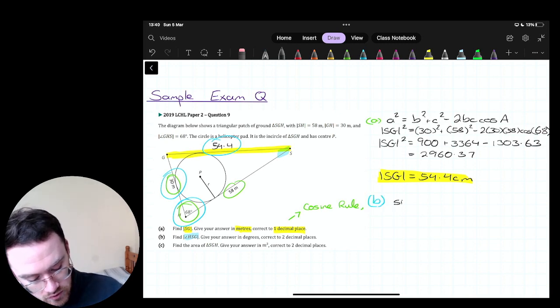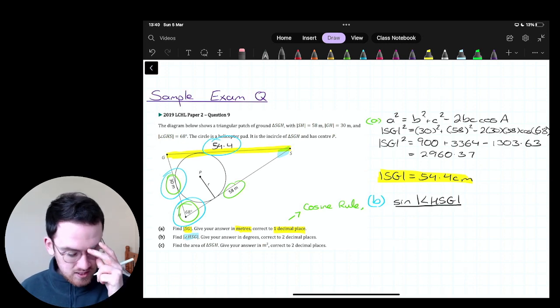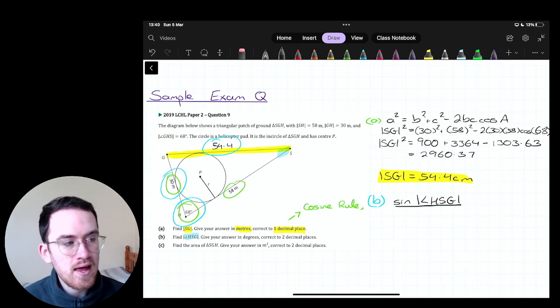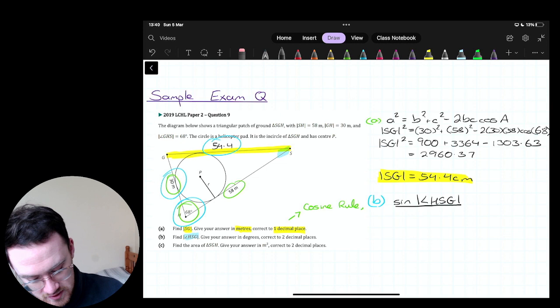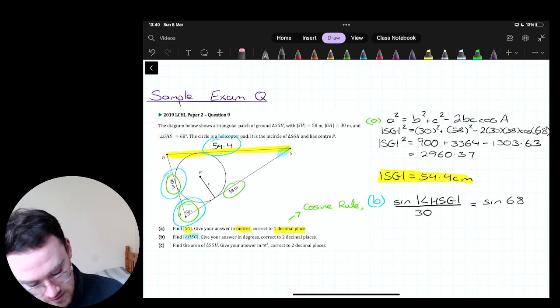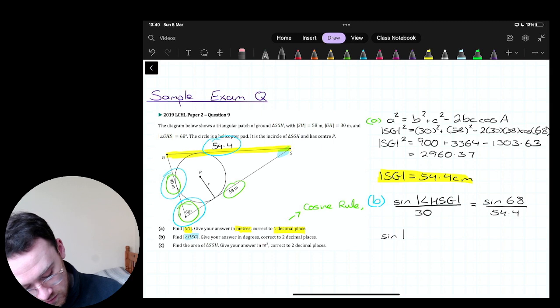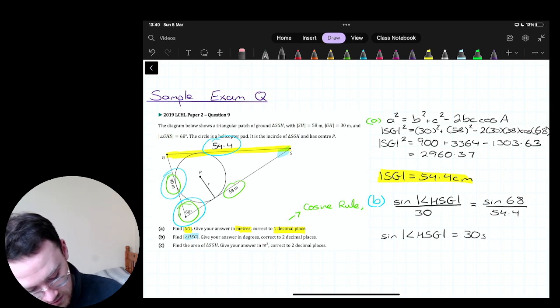So we're looking for sine of angle HSG, and we know that the side opposite it is 30. And using sine of 68 and the side opposite it, 54.4. So sine of HSG is 30 sine 68 over 54.4.